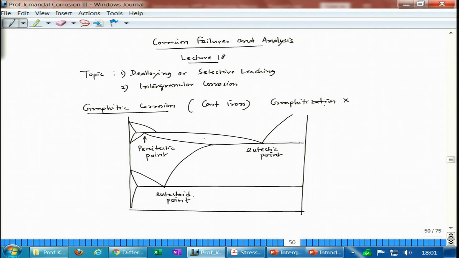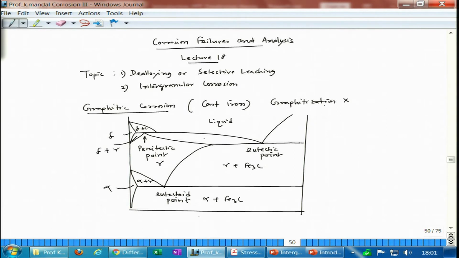and these are the different phases: this is liquid iron, this is delta plus liquid, this is delta region, this is delta plus gamma, this is gamma, this is alpha region, this is alpha plus gamma, this is alpha plus Fe3C, and here we have gamma plus Fe3C. Okay.